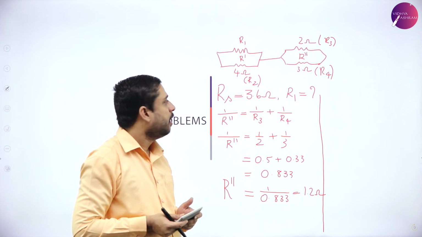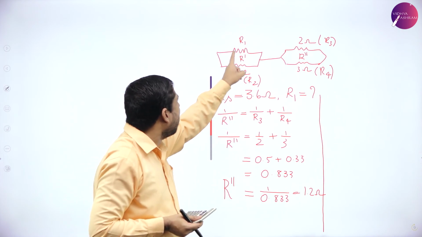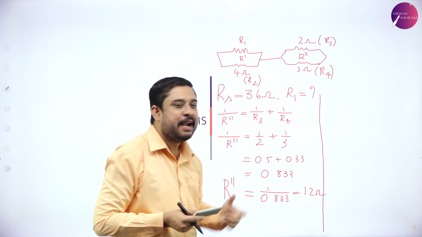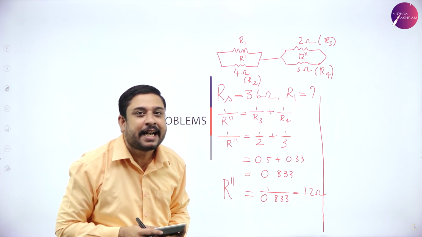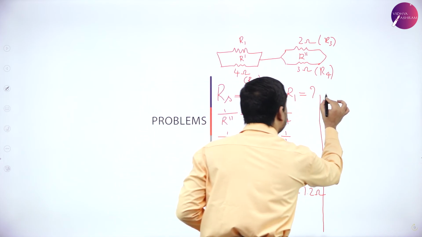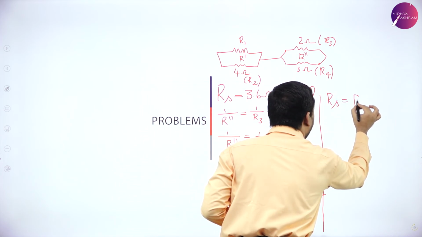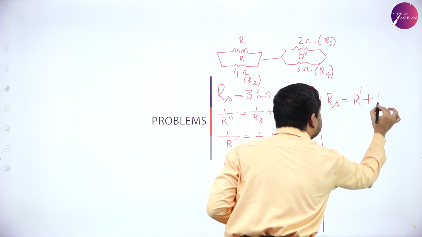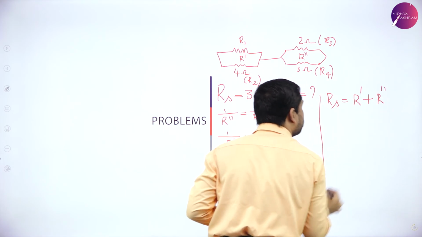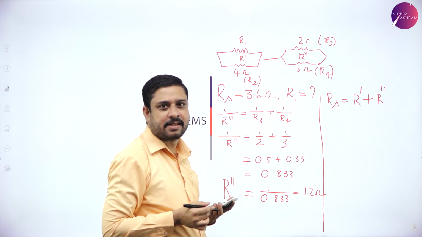Now, very clearly, R dash and R double dash are connected in series. So RS is R dash plus R double dash. Why? They are connected in series.